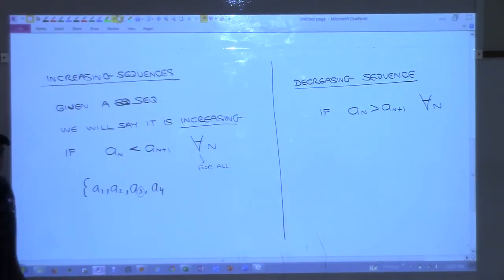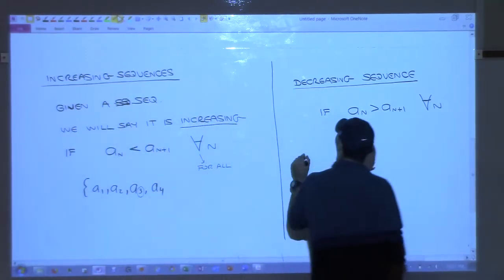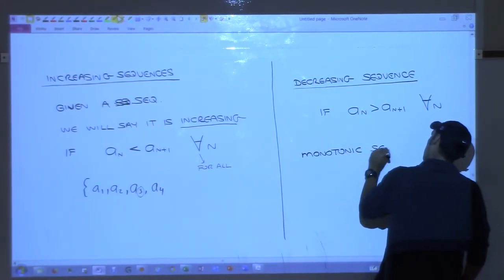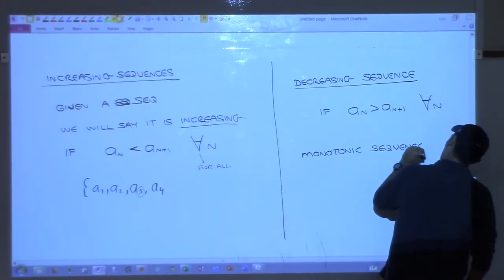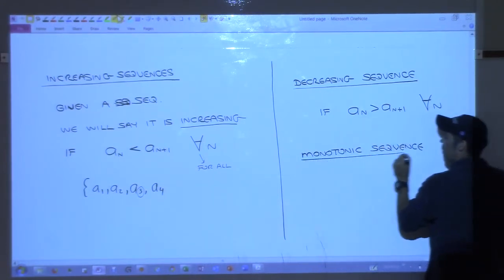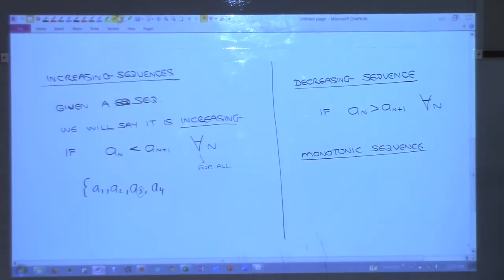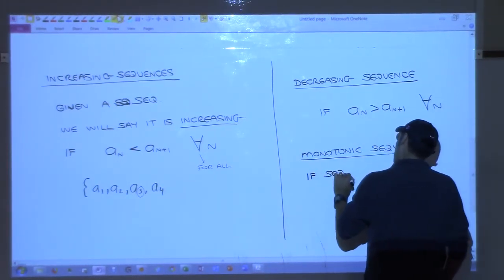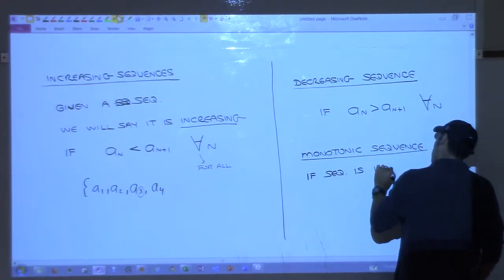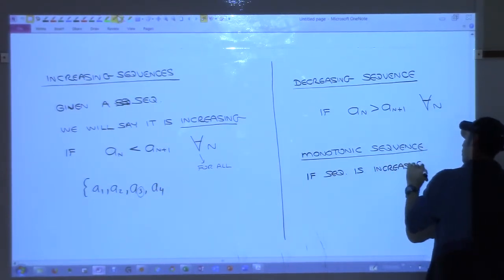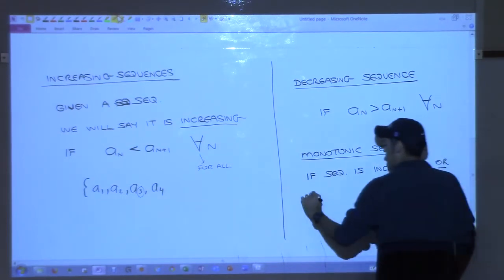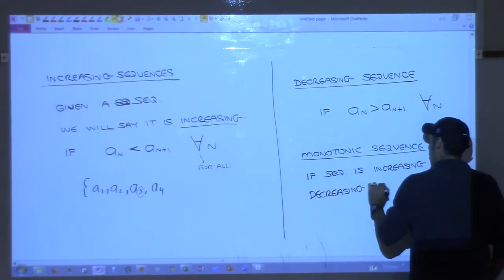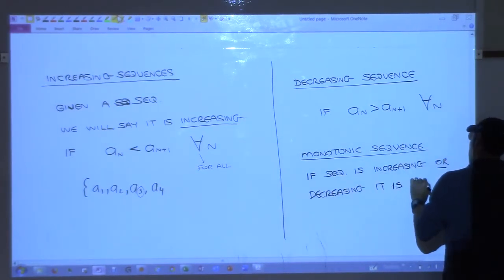All right, next definition, a monotonic sequence. If a sequence is increasing or decreasing, it is called monotonic.